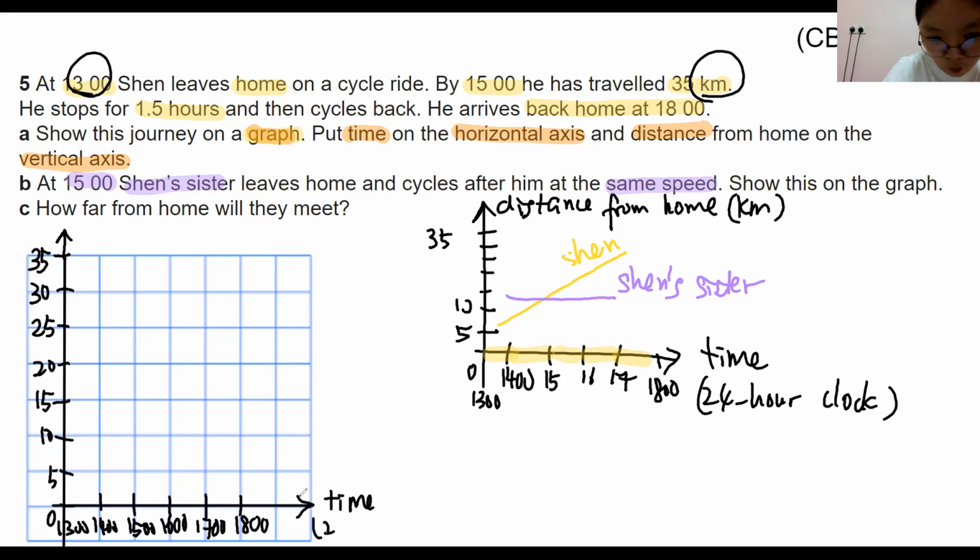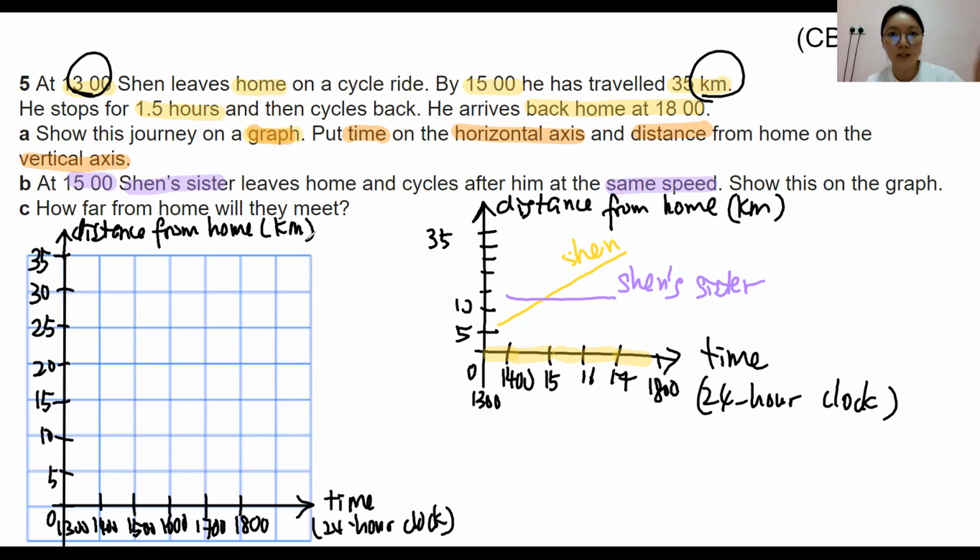The unit is 24-hour clock. Input the vertical axis. I have my distance from home. So label all the words in here together with the unit, which is km. Done. So let's look at Shen's line.